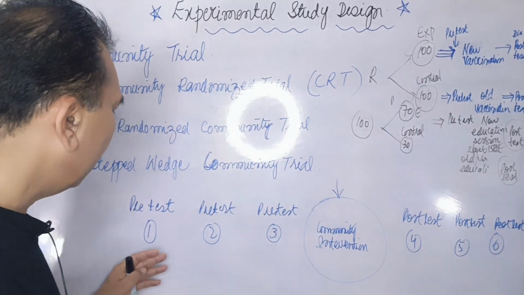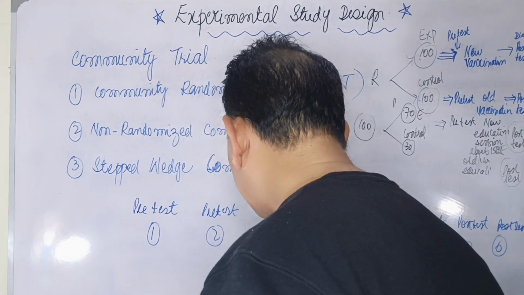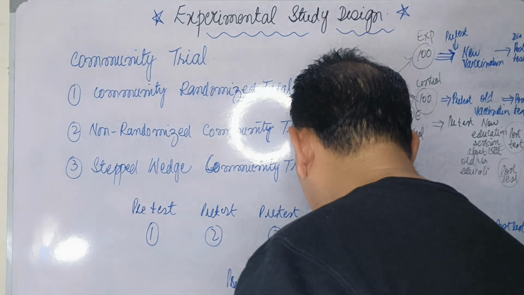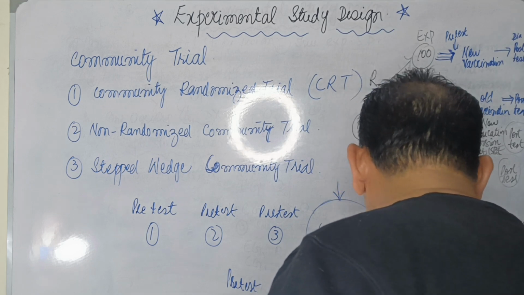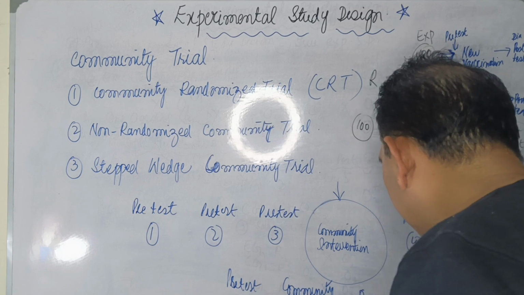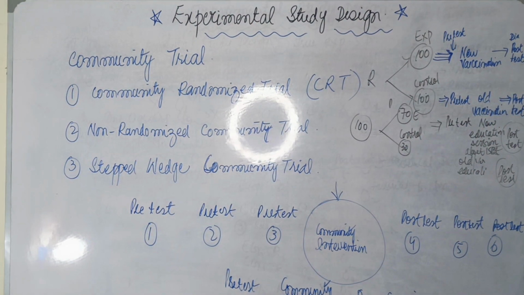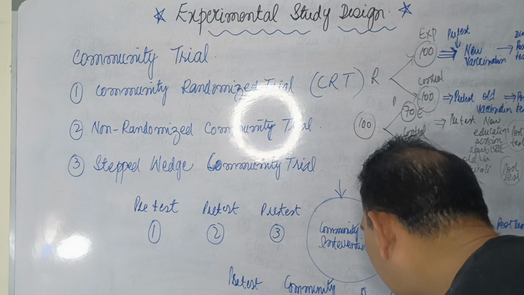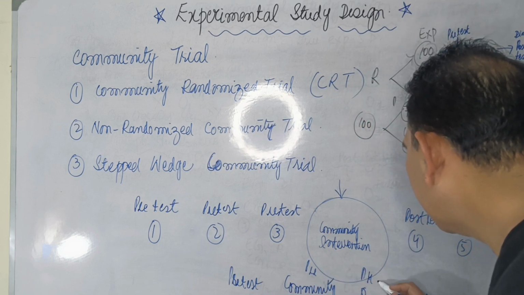Maybe he gives one or two different interventions, or takes one pre-test, and then gives the community intervention one time, two times, and three times, and then he sees the result of these three different times of community intervention, and he takes the post-test results.